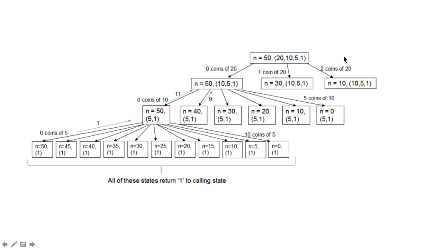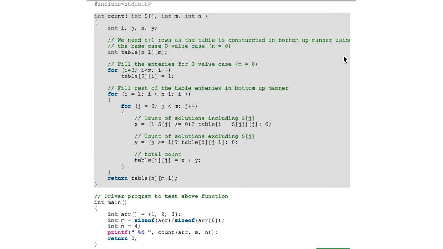So we want to avoid that by creating a new array where we can store results and use them whenever they are available. Just go through the solution. We are creating the same function signature, but I am creating a new array, a table of n plus 1 and m.